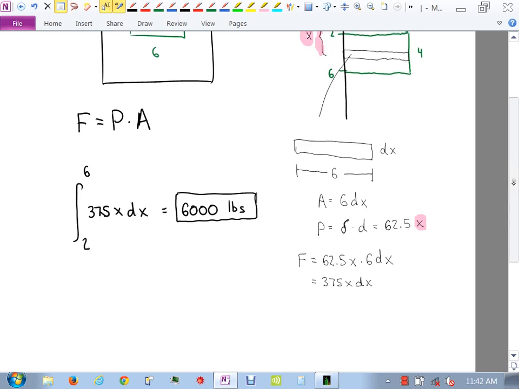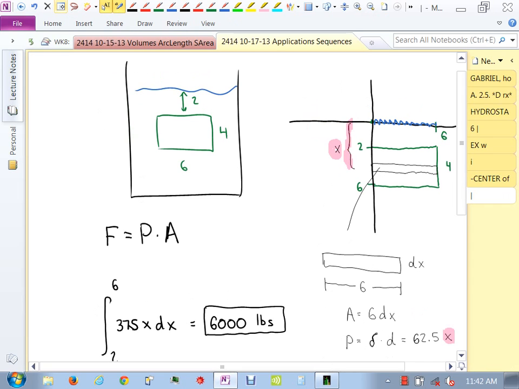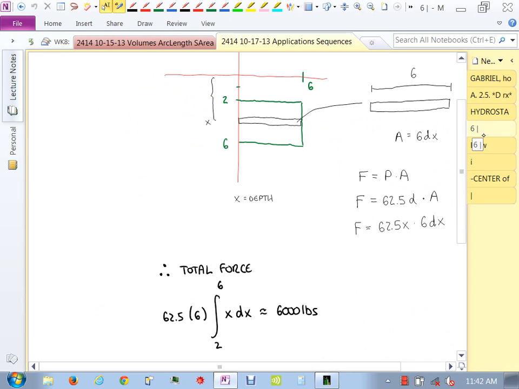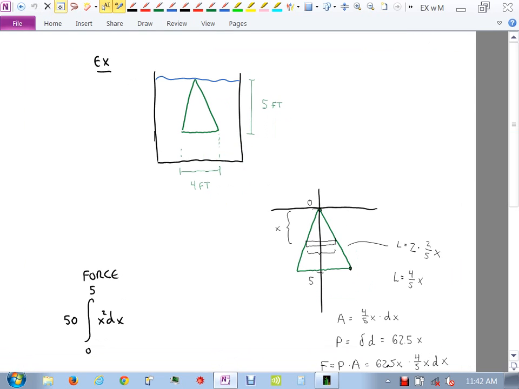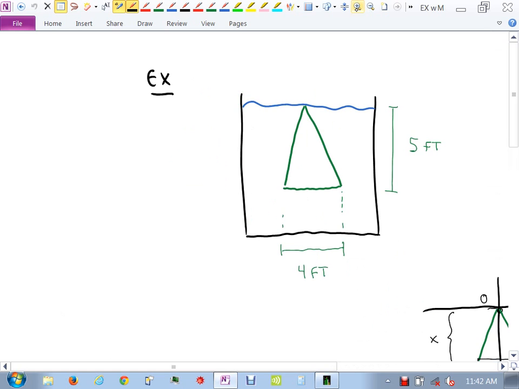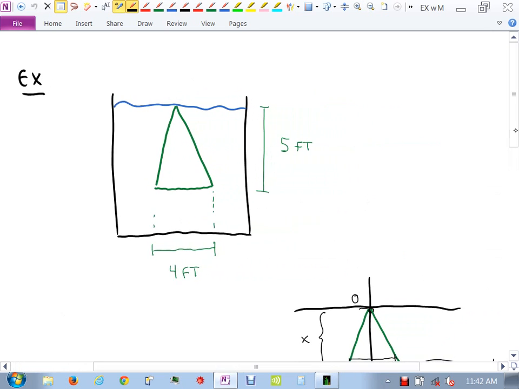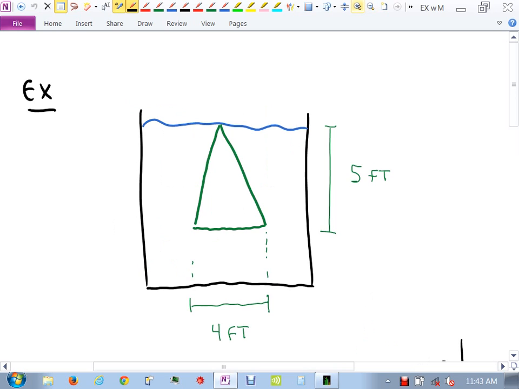Let's try another one. Okay, how about this one? We have a different plate. So this plate is triangular.